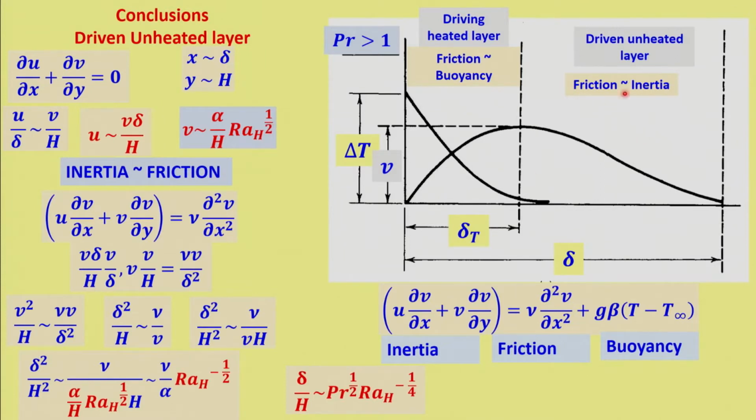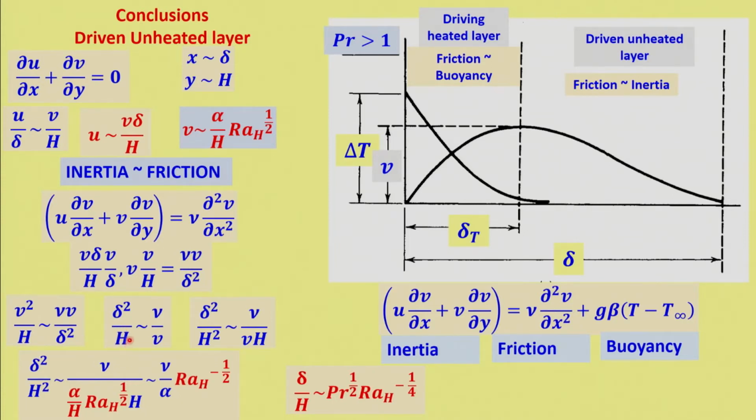Now in this unheated layer, inertia is balanced by friction, because of which I get v squared by h of the order of nu v by delta squared.